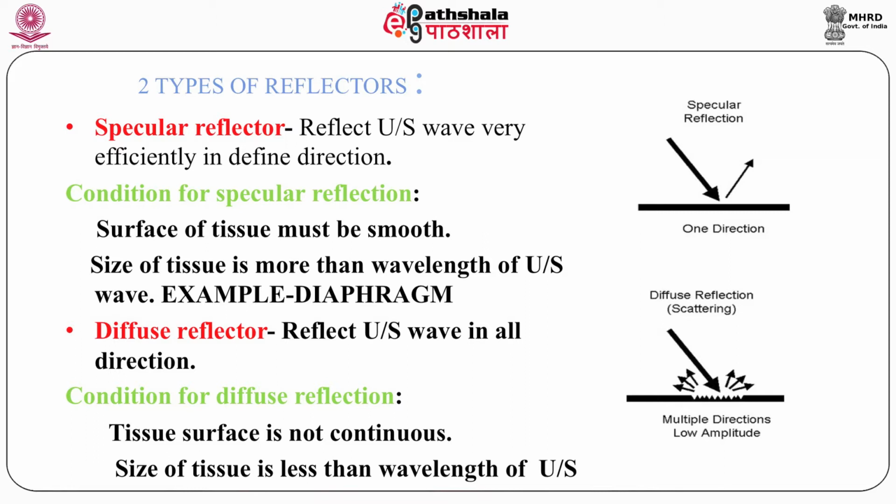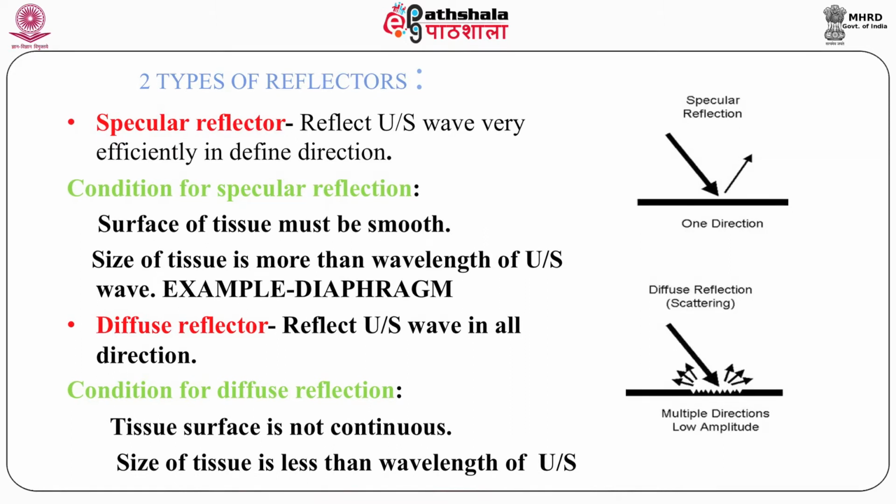But the condition for a specular reflector is that the surface of the tissue must be smooth, and the size of the tissue is more than the wavelength of the ultrasound wave. So those tissues which fulfill this condition are called specular reflectors.